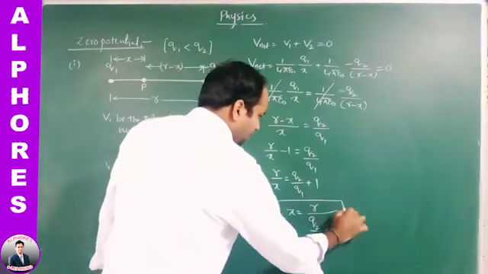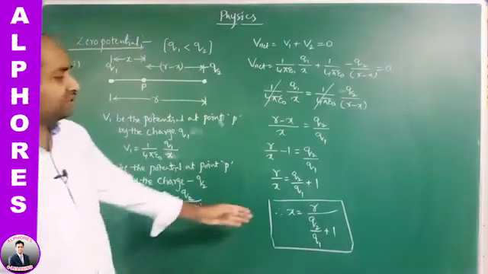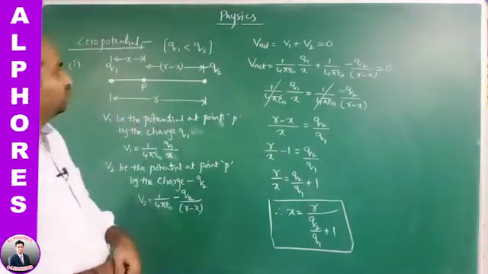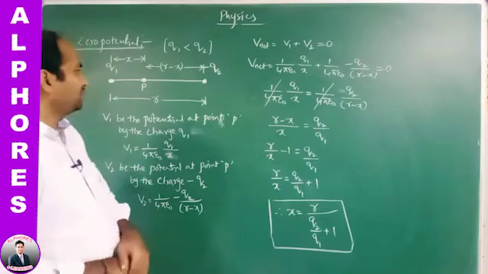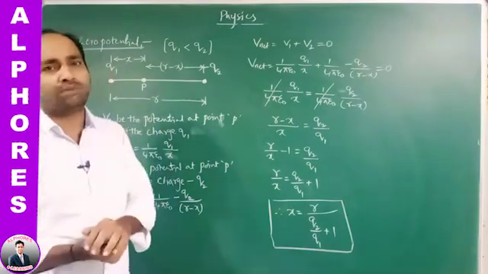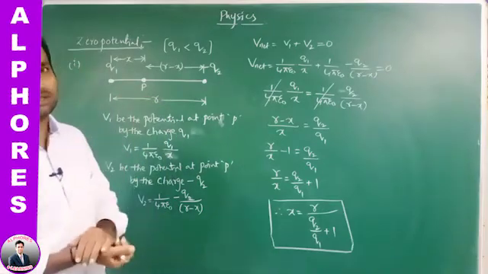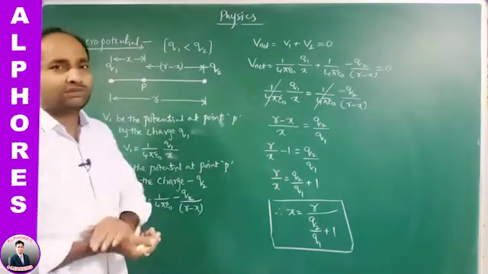So this is the expression for zero potential when two unlike charges are separated by a certain distance, where two null potential points are obtained: one inside the system, the other outside the system of two charges.